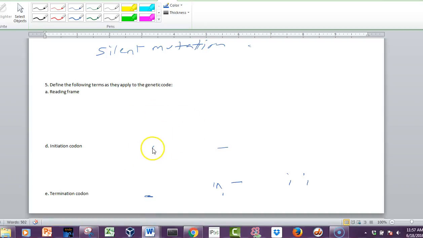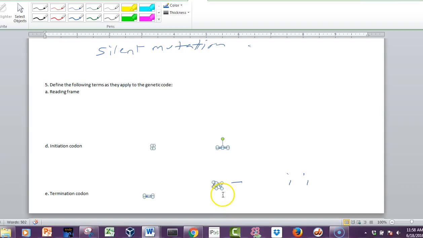Alright, so reading frame. I think you all have a pretty good sense of what the reading frame is. You have an mRNA, and that mRNA gets read by the ribosome, and it gets read in groups of 3, and each group of 3 is called a codon.